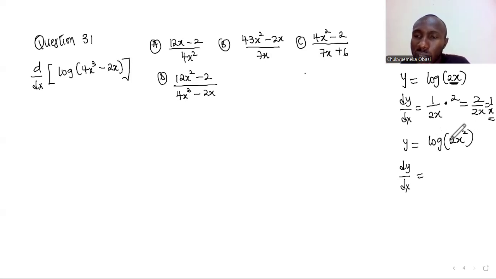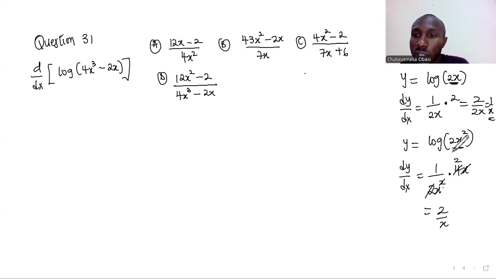So when you differentiate this, you're going to get 1 over 2x squared times the derivative of the argument. When you differentiate 2x squared, you get 4x. So when you cancel out, the 2 cancels this 4, you have 2. And the x cancels this x, so you have 2 over x. All right, I'm sure this is really clear, isn't it?